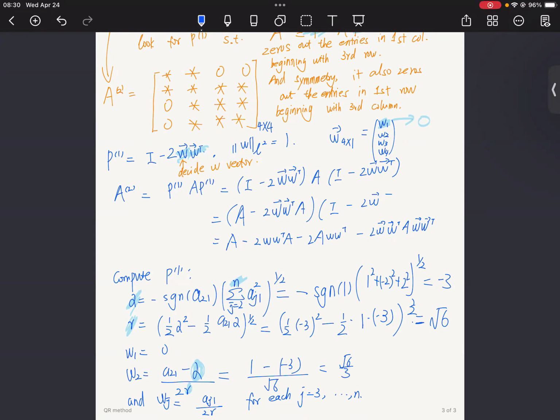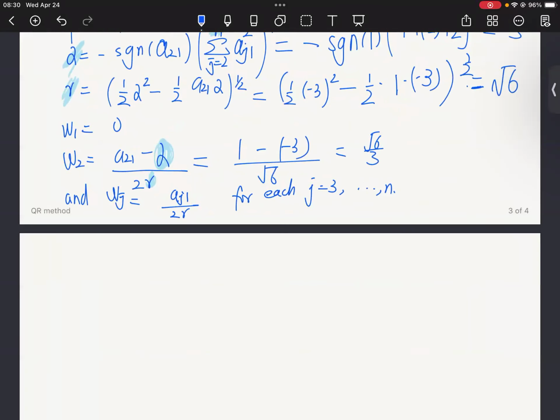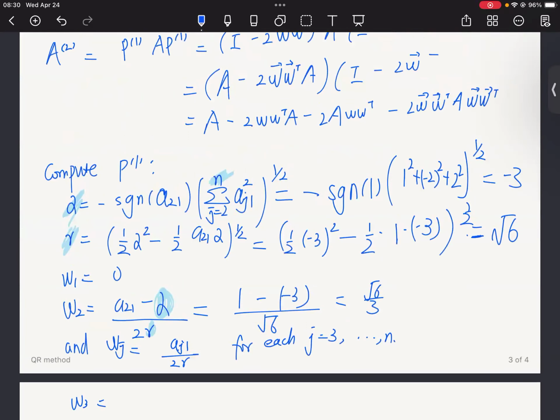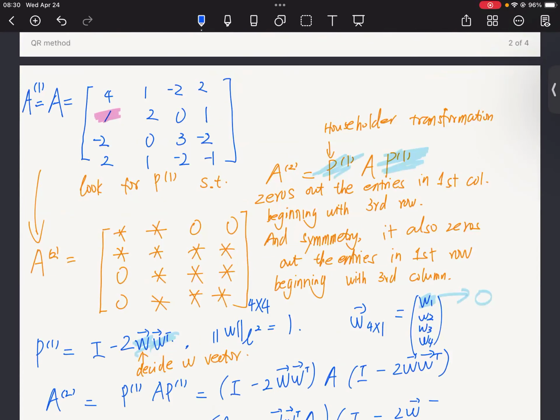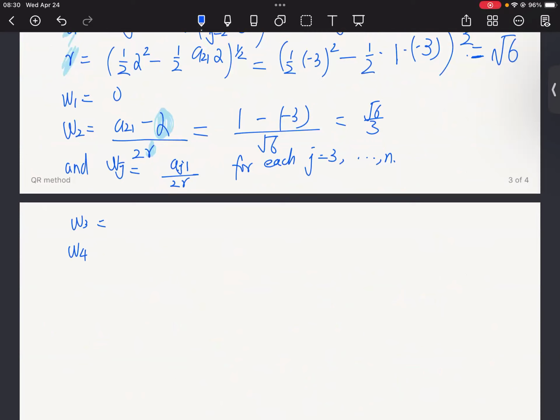And next, we just have 2 more components, W3 and W4, and they are quite easy. You will see we just need to do some divisions here. What is AJ1? A31 is negative 2. And A41, this is the A31 version.